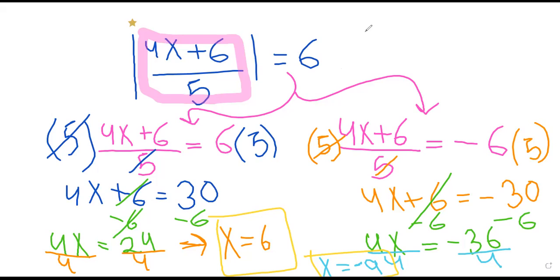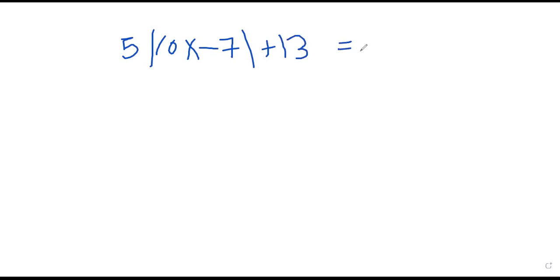Okay, now let's solve the second example. Here we have 5 multiplied by the absolute value of 10x minus 7, plus 13, is equal to 63.